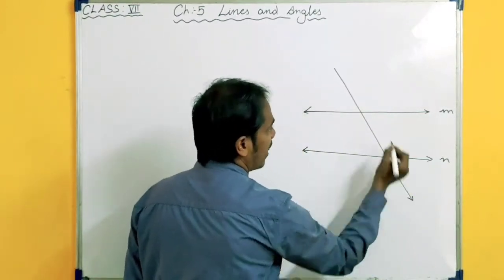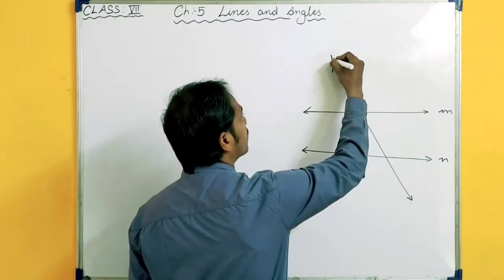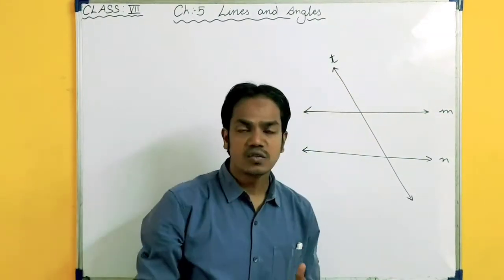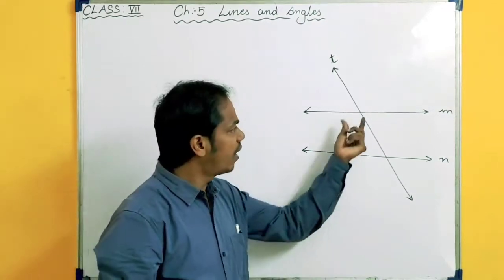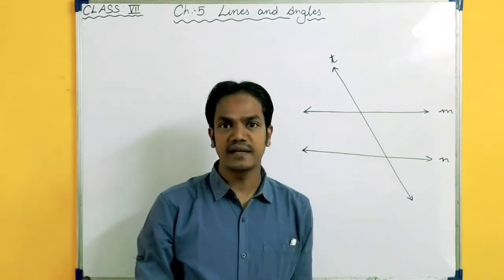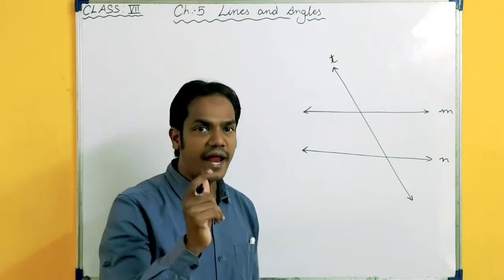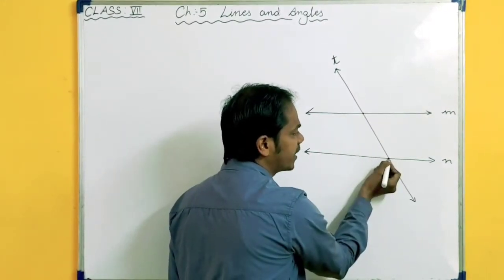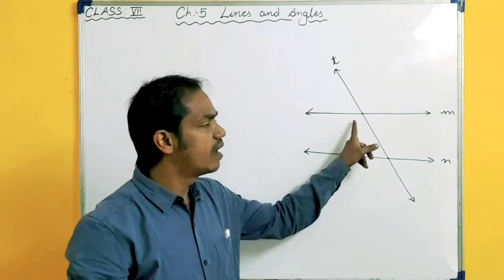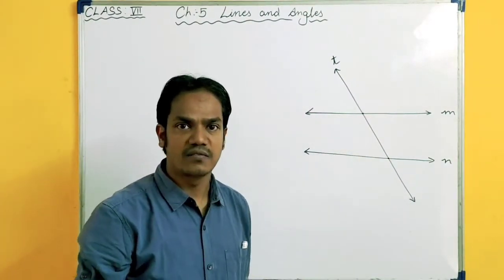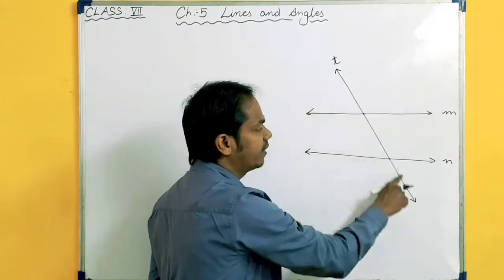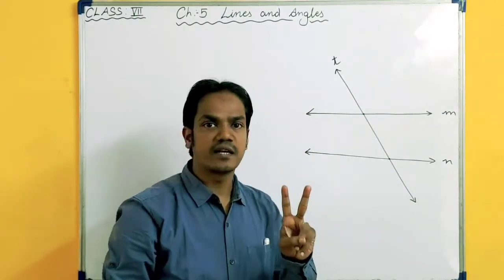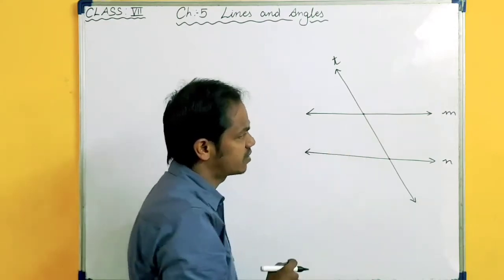This line is called a transversal line, so I am giving it the name T. So what is a transversal line? A line which intersects parallel lines at two distinct, or you can say two different, points is called a transversal line.